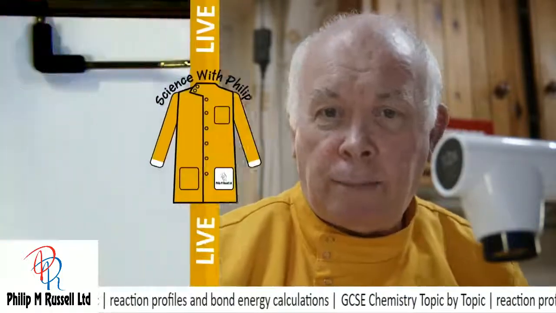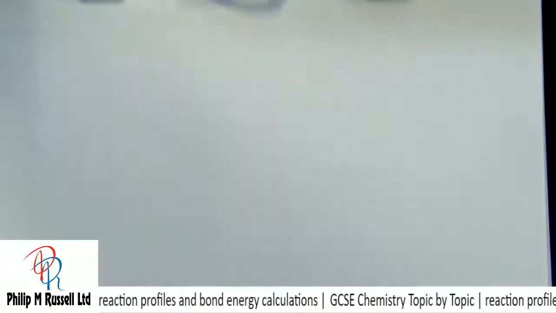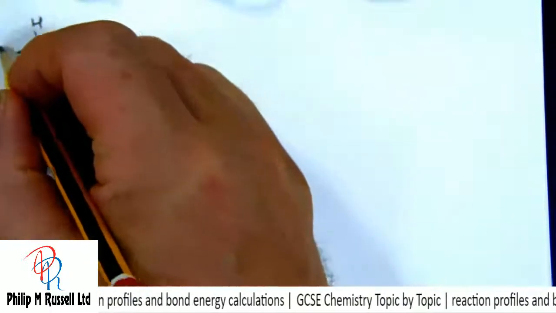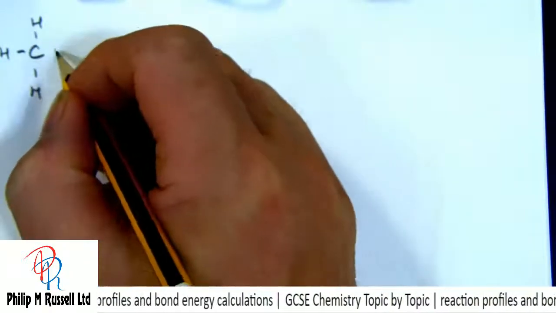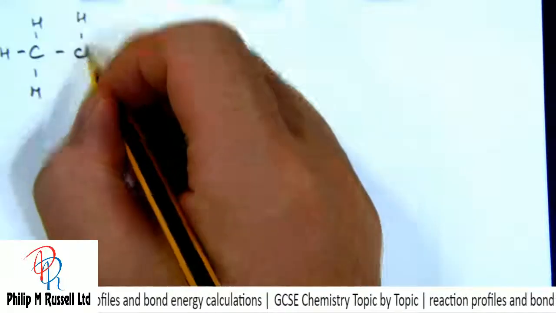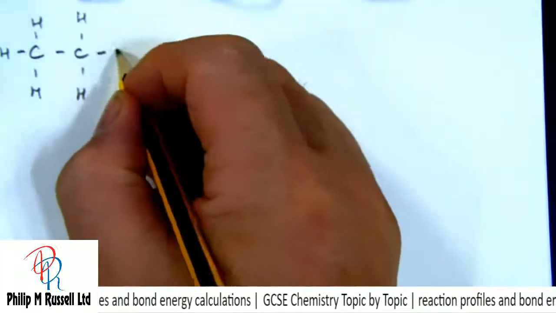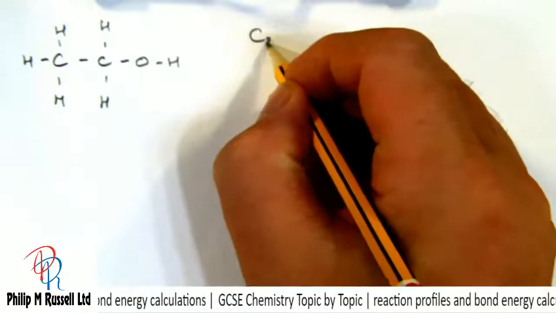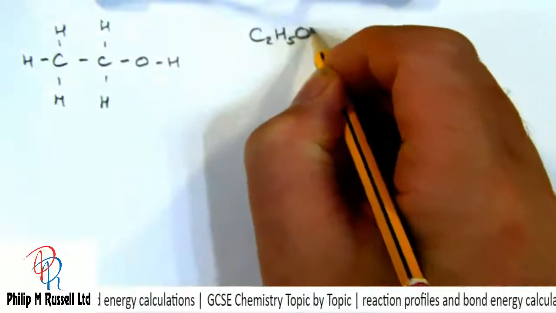Now sometimes we get some slightly more complicated molecules. Let's just have a look at a couple of those, and we might get something like alcohol. So if I work out the bonds in alcohol, there is our alcohol. You might find someone would write that as C2H5OH.